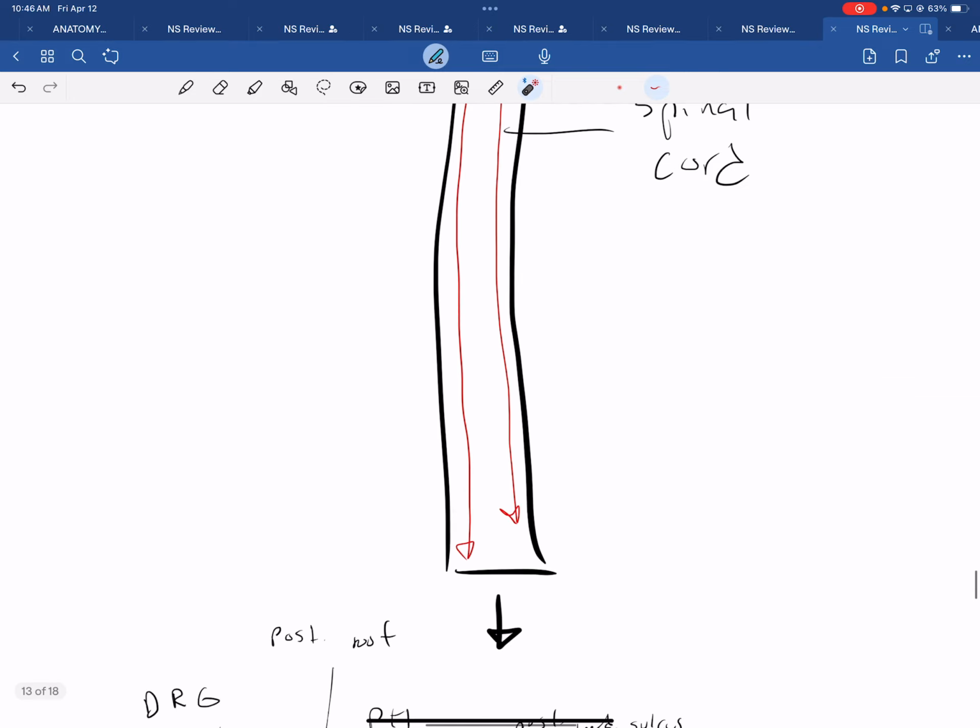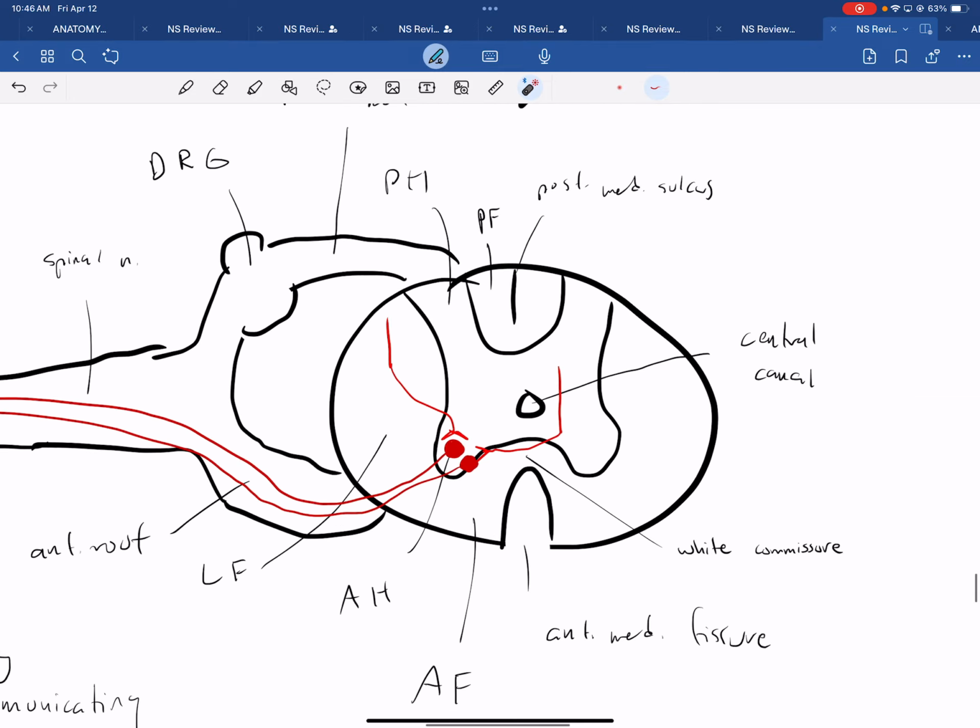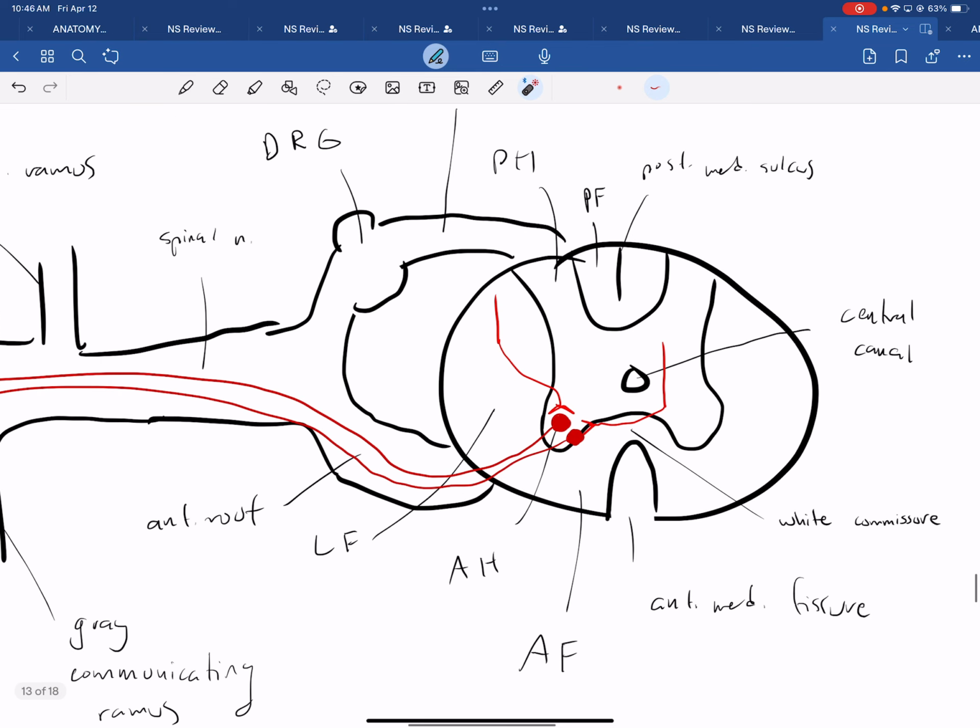And then it goes down, and then once it reaches the level where it synapses on the lower motor neuron, all the lateral corticospinal tract has to do is synapse on that lower motor neuron in the anterior horn. But the anterior corticospinal tract, what it does is it decussates.